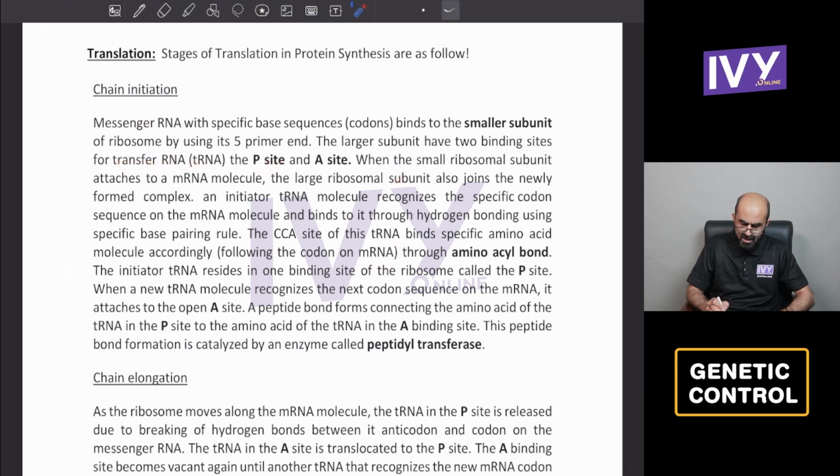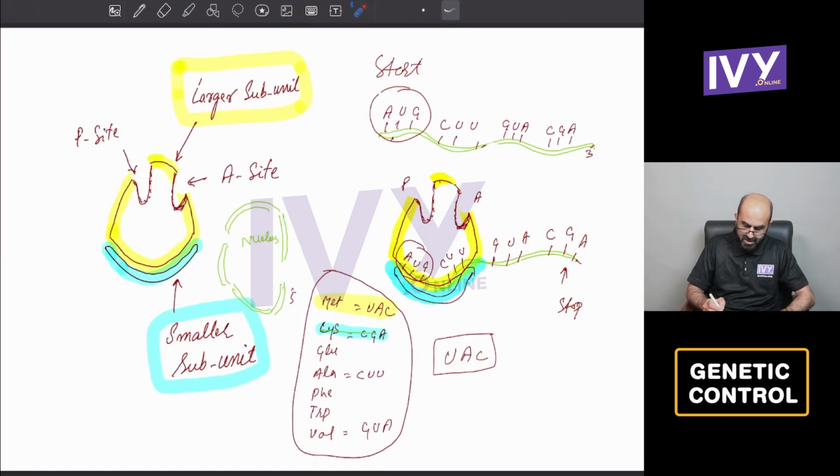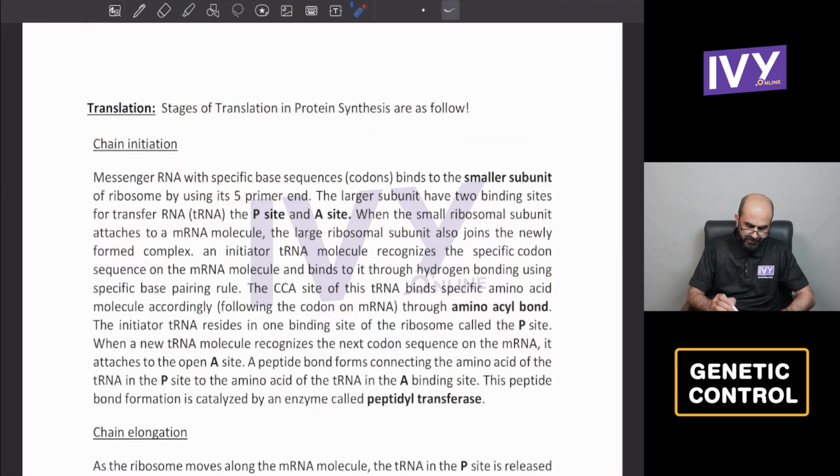When the small ribosomal subunit attaches to a messenger RNA molecule, the larger subunit also joins the newly formed complex, as I told you here. So once it's attached to the smaller subunit, the larger subunit also joins it, and now they sandwich the messenger RNA in between the smaller and larger subunit.